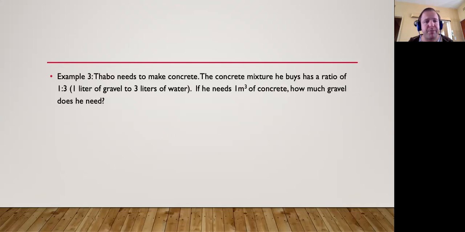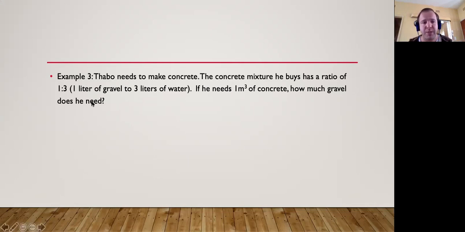Example 3. Tabo needs to make concrete. The concrete mixture he buys has a ratio of 1:3, in other words, 1 liter of gravel to 3 liters of water. If he needs 1 cubic meter of concrete, how much gravel does he need? Notice that in this question, that is the total of the two combined, so we first have to separate it into its gravel component and its water component.